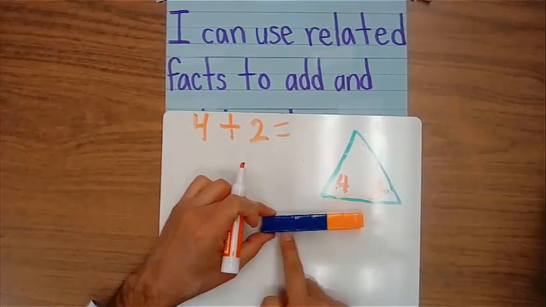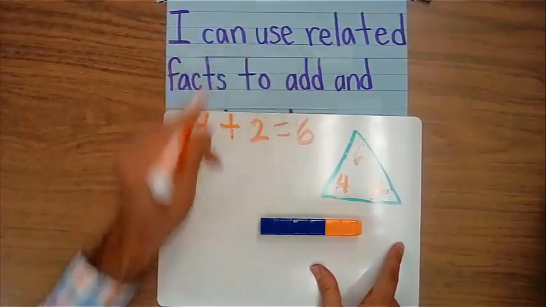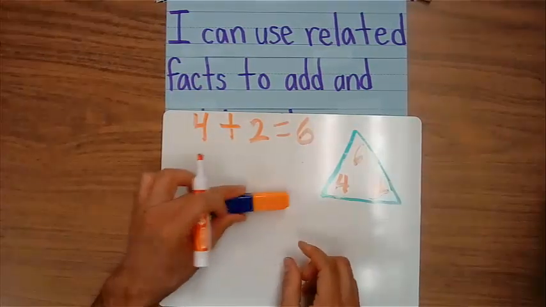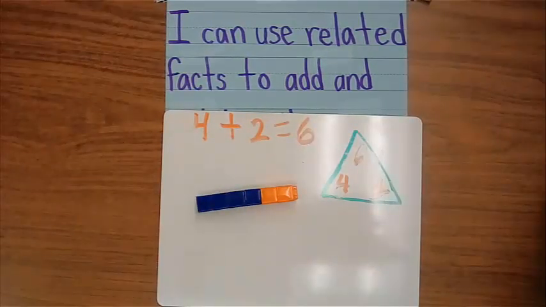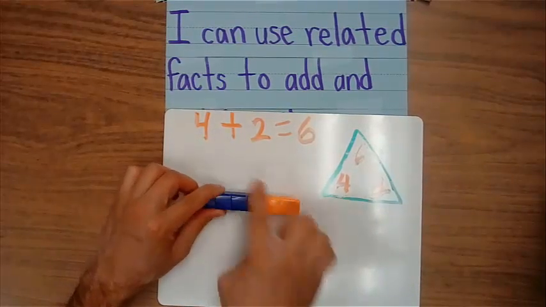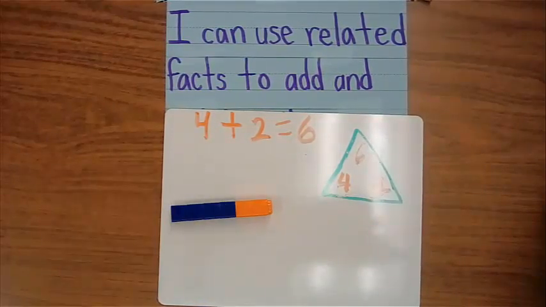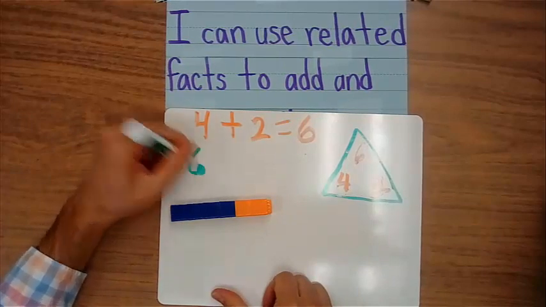That equals 6. Now how would I write that as a related subtraction sentence? I could use these same numbers and look at the biggest one, which is 6, and then take some away from 6.